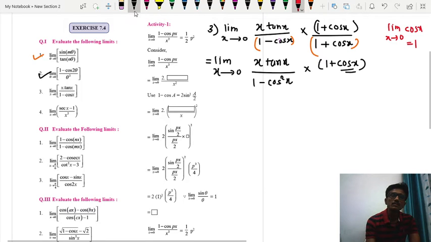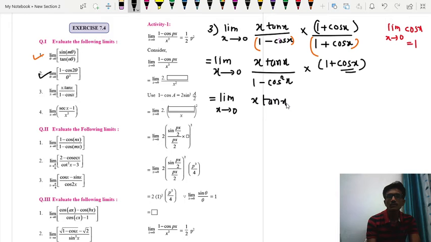So this is limit x tends to 0, x tan x, and 1 minus cos square x we will write sin square x, into, taking the limit over here, 1 plus 1. Then this tan x we will write sin x upon cos x.